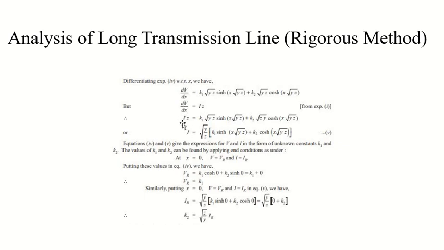So IZ will be equal to k1 under root yz sinh x root yz plus k2 under root yz cosh x root yz. Now we will take this Z, which is multiplied with I, into the denominator. Before doing that, we take root yz common.